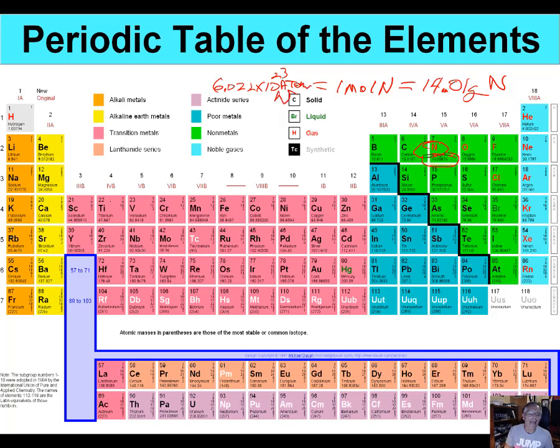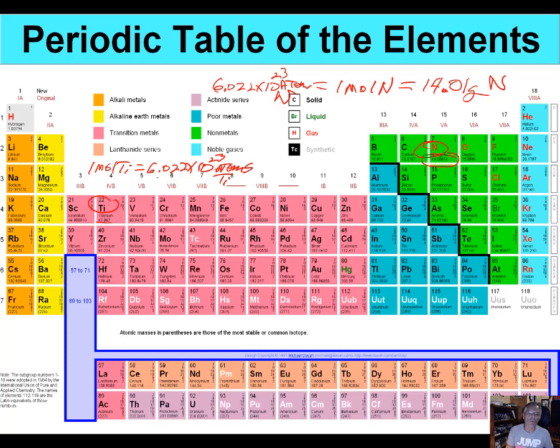Okay, let's look at titanium. My glasses frame is made out of titanium, a very strong, lightweight metal. It has a mass of 47.867, and I could say grams per mole. So that means if I have 1 mole of titanium, I have 6.022 times 10 to the 23rd atoms of titanium.